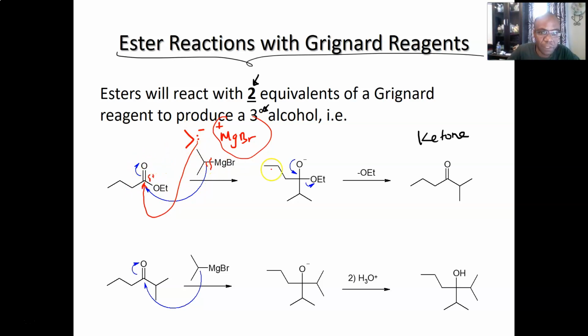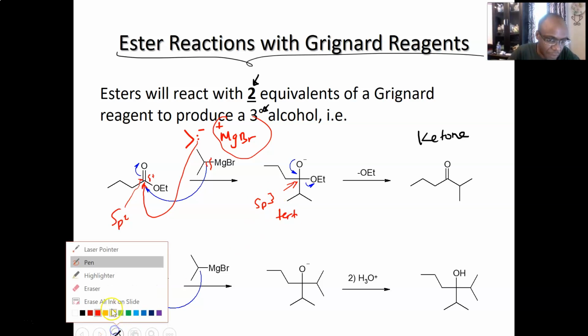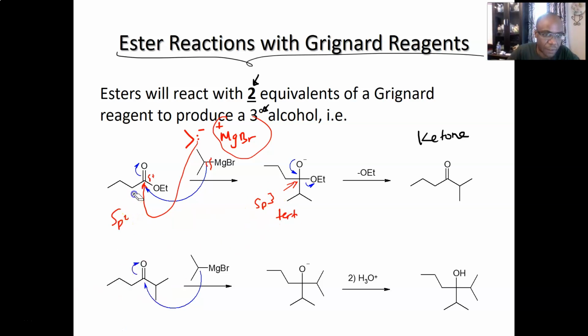The pi bond of the carbonyl opens up. You started off with an sp2 carbon right there. Now it's sp3. So again, you're going through the key tetrahedral intermediate that I keep emphasizing. Let's clean up. So you end up with a tetrahedral intermediate.